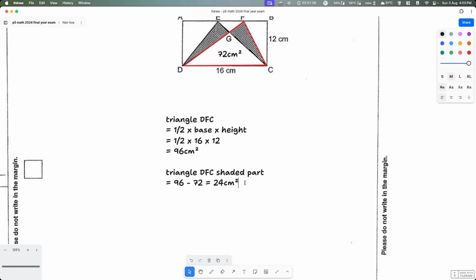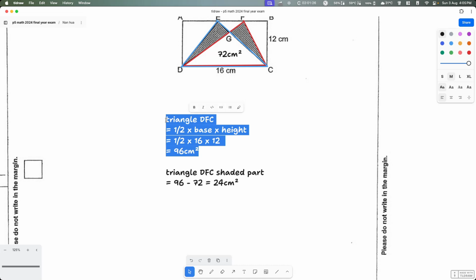Now the next one is the other one. Let me draw the line again. I don't know if you notice, but it's roughly the same as what we've just done earlier, because this is another triangle with the same base and height.